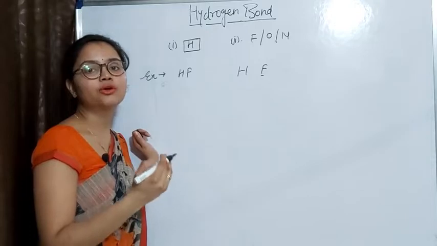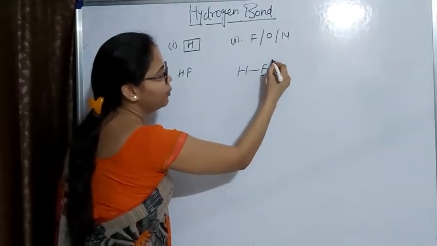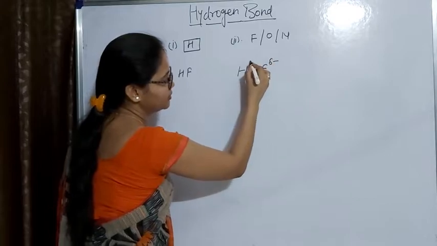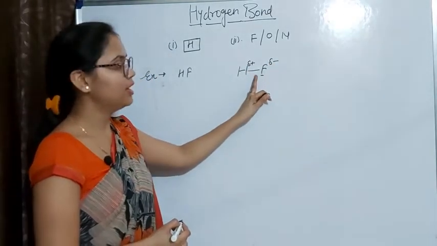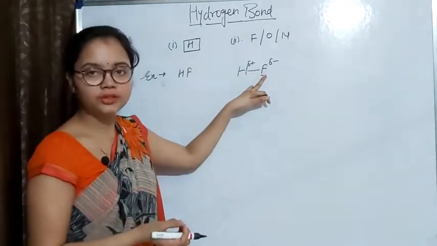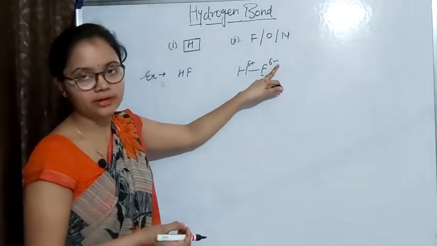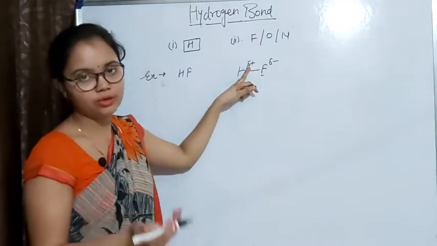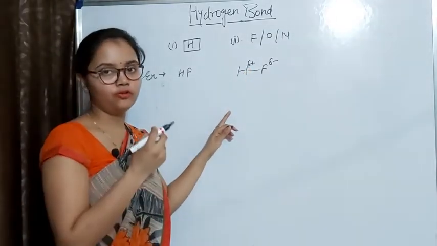Because of this high electronegativity, fluorine will form a polar covalent bond like this, okay? As it is the more electronegative element, it will pull the shared pair of electrons, and because of the shifting of the shared pair towards the fluorine atom, it will have a partial negative charge and hydrogen will have a partial positive charge, right? So this is about one molecule of HF.